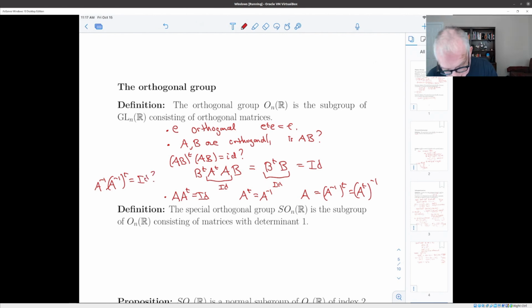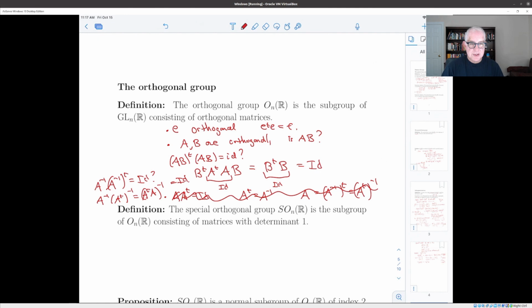And that's the same as A inverse times A transpose inverse, because transpose and inverse commute. And this is the same as A transpose A inverse, and that's the identity. Sorry for the mess there. But the inverse of an orthogonal matrix is also orthogonal. So the orthogonal matrices form a subgroup of the general linear group.